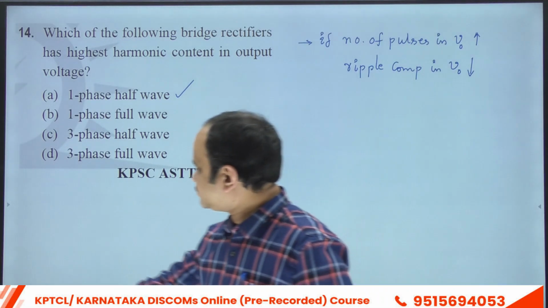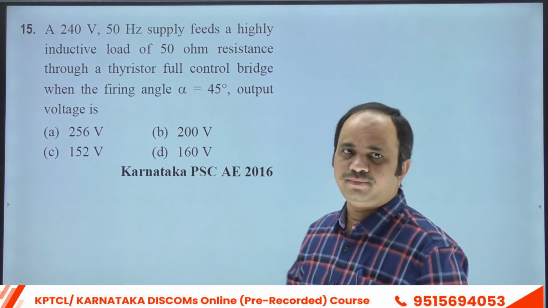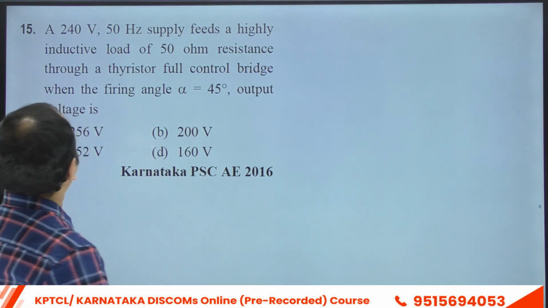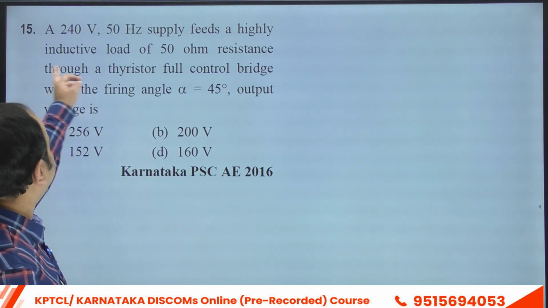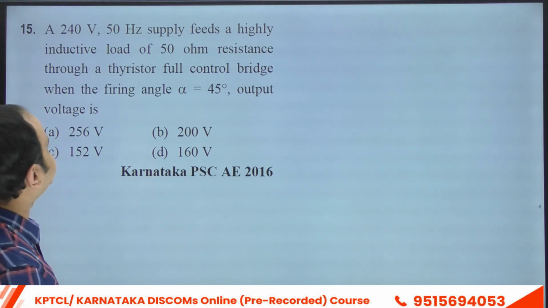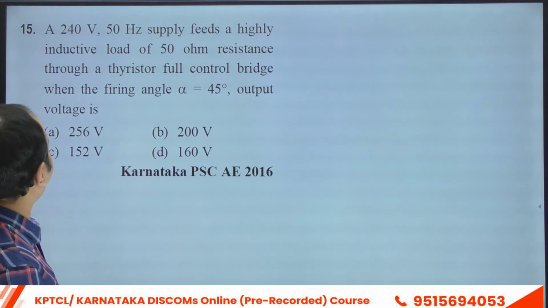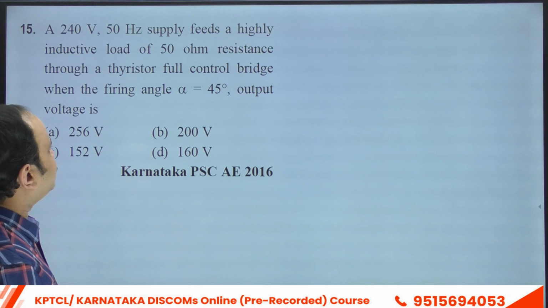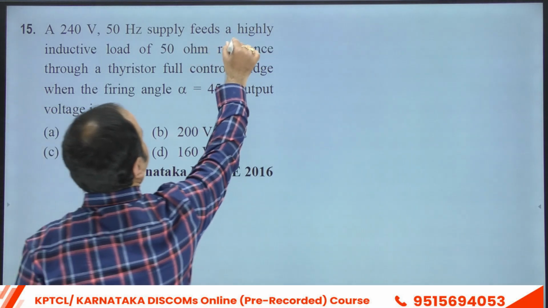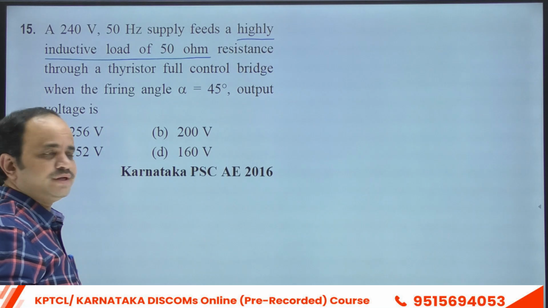Now, let us move to the next question. A 240 volt 50 hertz supply feeds a highly inductive load of 50 ohm resistance through a thyristor fully controlled bridge. When the firing angle alpha is equal to 45 degree, the output voltage is... Now, what is observed here? Highly inductive load with a 50 ohm resistance.